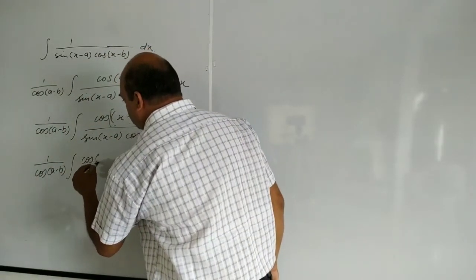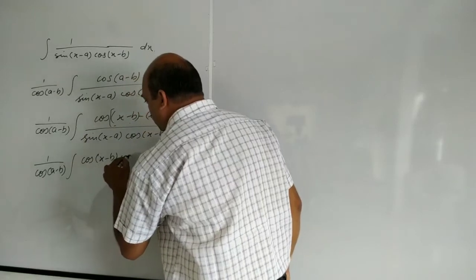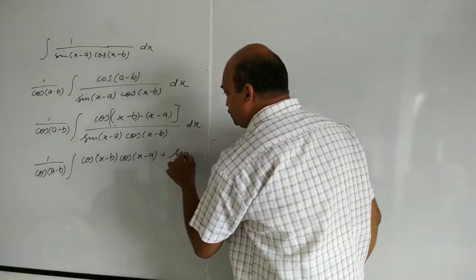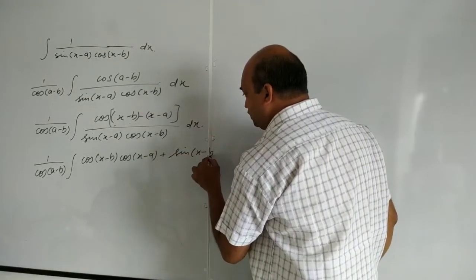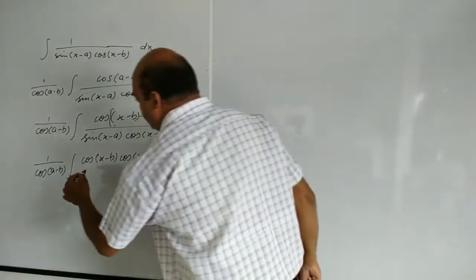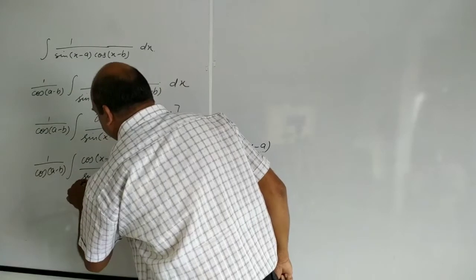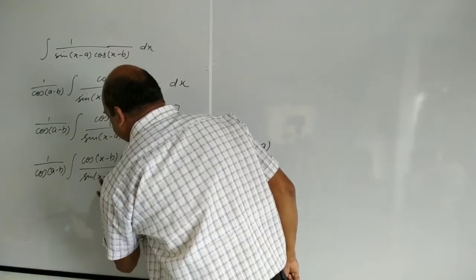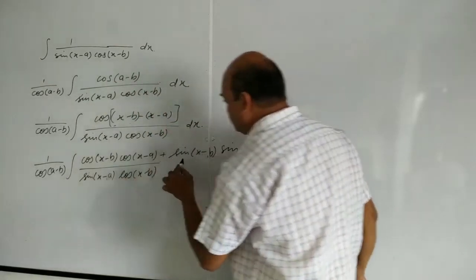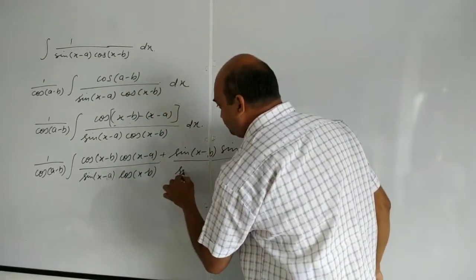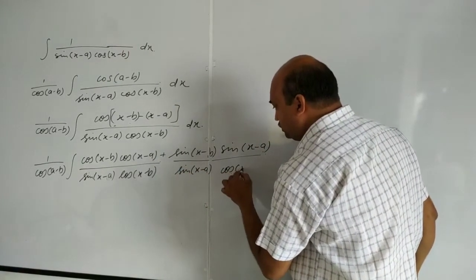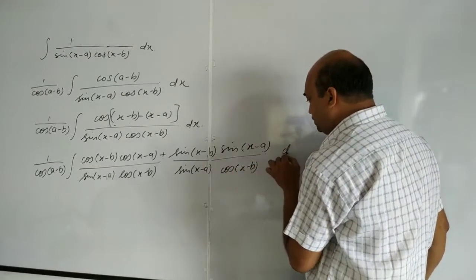This will be cos(x-b) into cos(x-a) plus sin(x-b) into sin(x-a), and separate the denominator sin(x-a) into cos(x-b) here as well as here, sin(x-a) into cos(x-b) dx.